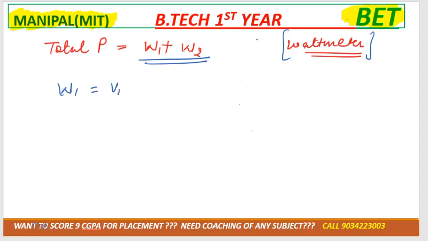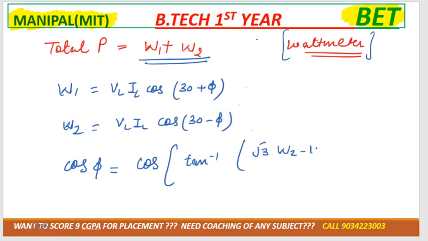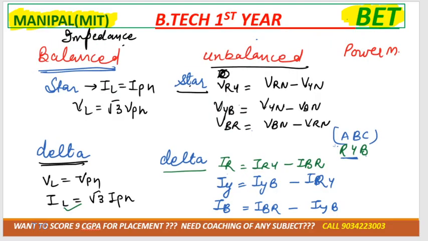Here W1 value is VL IL cos of (30 plus φ), and W2 value is VL IL cos of (30 minus φ). If they ask you to calculate power factor, then power factor is cos of tan inverse of √3 times (W2 minus W1) divided by (W2 plus W1). Again, these formulas are also mentioned in your handbook. So this is balanced, unbalanced and power measurement.